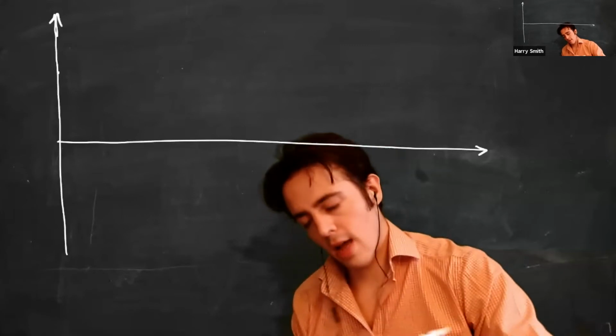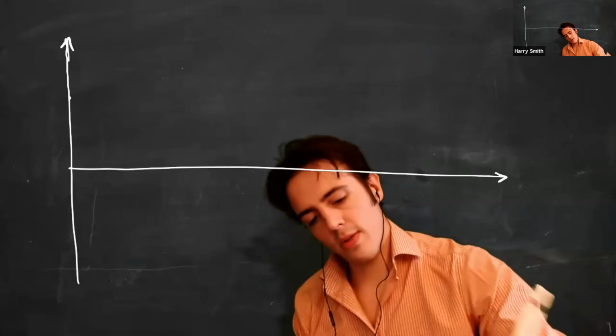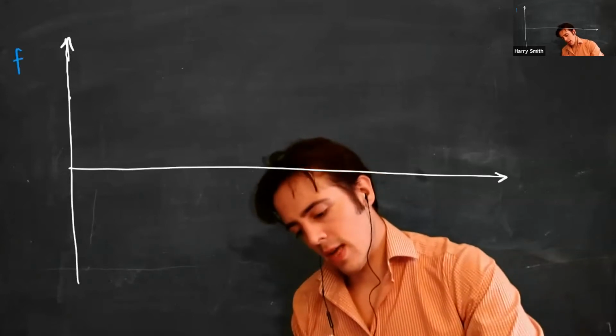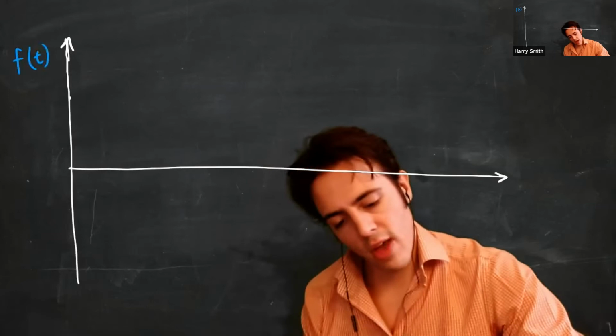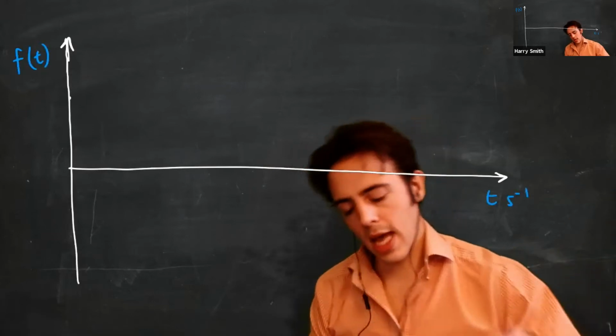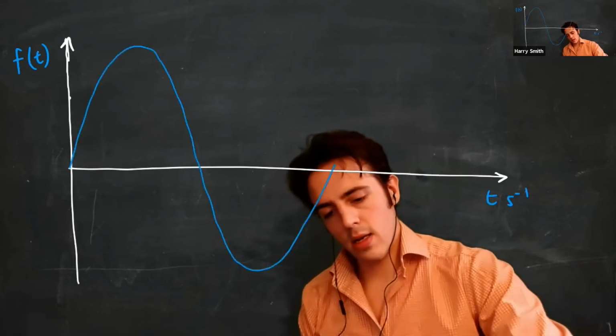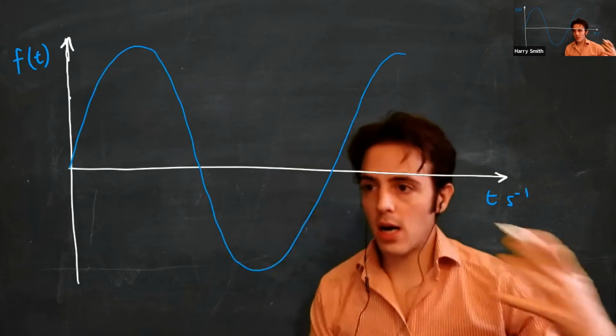Let's say I've got a continuous signal that exists in the real world, and I'm going to put my analog signal on here in blue. It's a function of time, and I haven't got any units for what its value is. I don't really care. So this here is my continuous signal, some sort of harmonic signal.